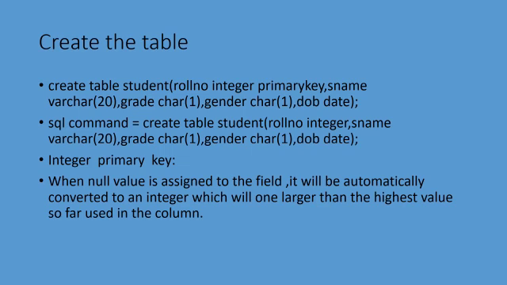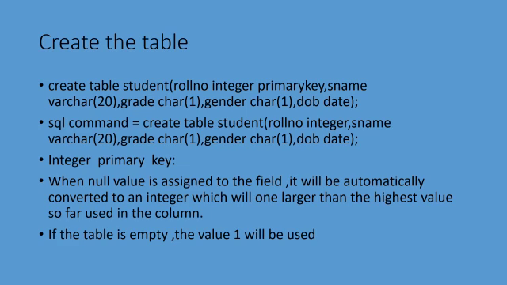So now what is integer primary key? When a null value is assigned to that field, it will be automatically converted into an integer which is one larger than the highest value so far used in the column. What is the meaning of it? Just consider in the table I have given the last record roll number as 7, for example.